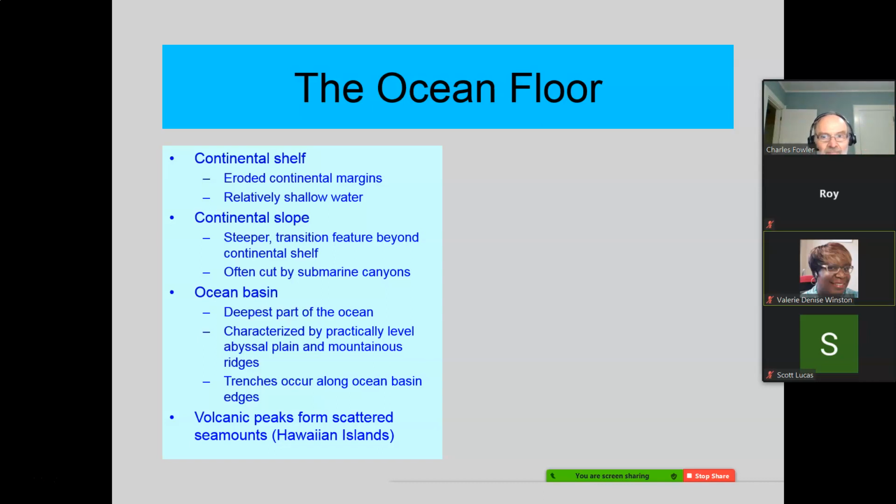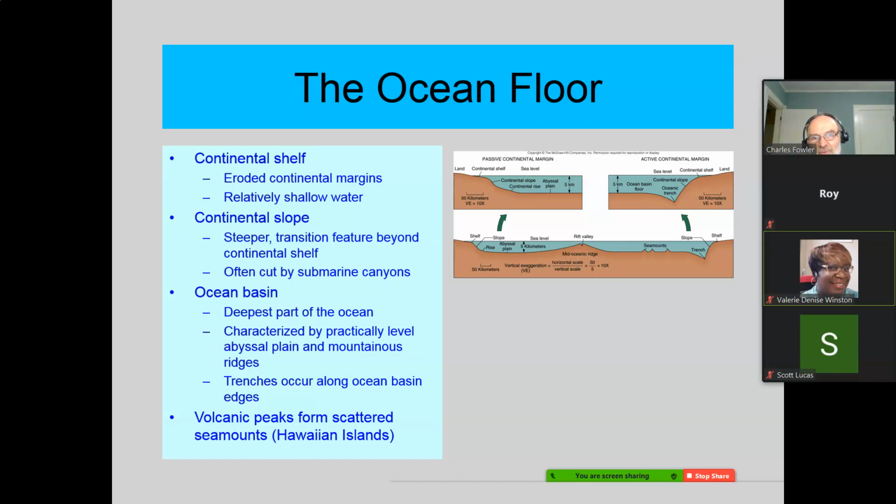The ocean floor. Now the ocean floor, we probably don't understand too well, but there are things about it we do have a fairly decent comprehension of. So let me show you when they're talking about them. The continental shelf is basically an eroded continental margin.